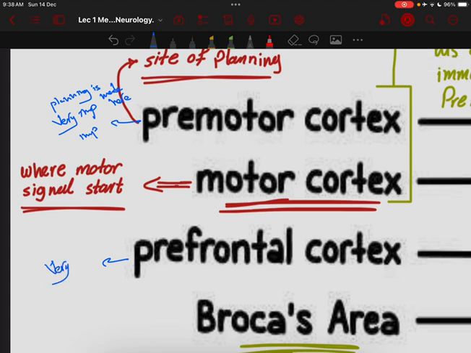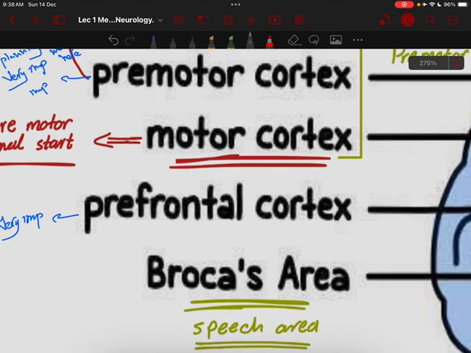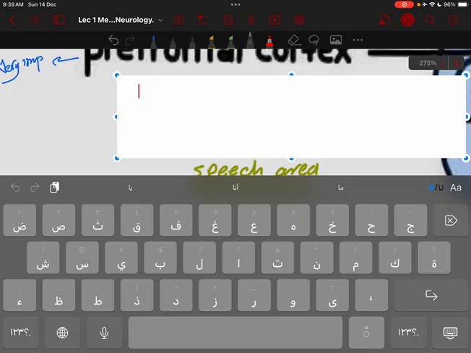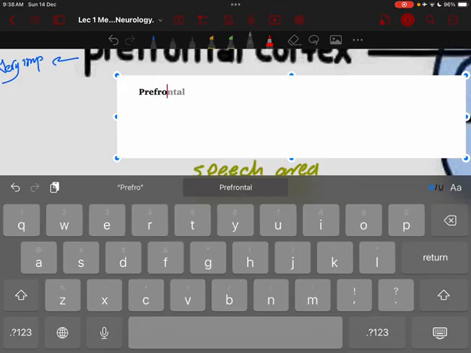That's why later on you will see that when a person has a problem with the frontal lobe, mainly the prefrontal, you could have many symptoms like disinhibition, because we are raised to inhibit ourselves, not to do certain actions at certain times or certain places.